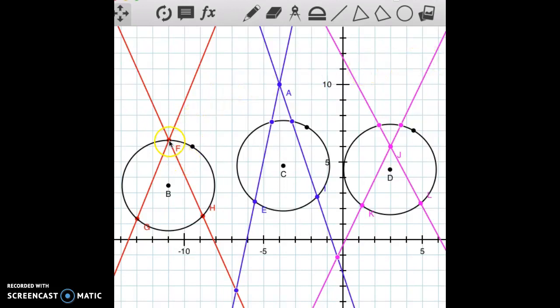Well, I see that these lines are on the circle. They are crossing through the circle. None of them are crossing through the center of the circle, but they're all crossing through the circle. And so I can find a point on the circle and another point on the circle, and they cross through the circle.